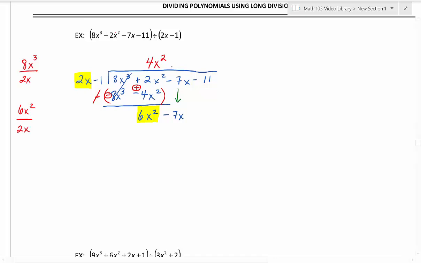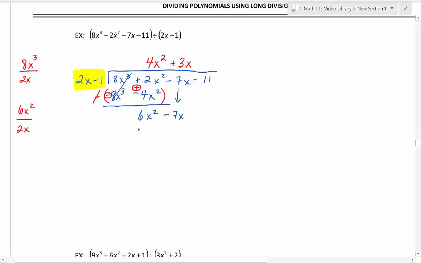Since that's a positive 3, we're going to write plus 3x. Since it's a polynomial, we have to have either plus or minus signs in between every term. That's the second term of our quotient. Now we are going to multiply that term by our entire divisor. Again, it's going to require distributing.